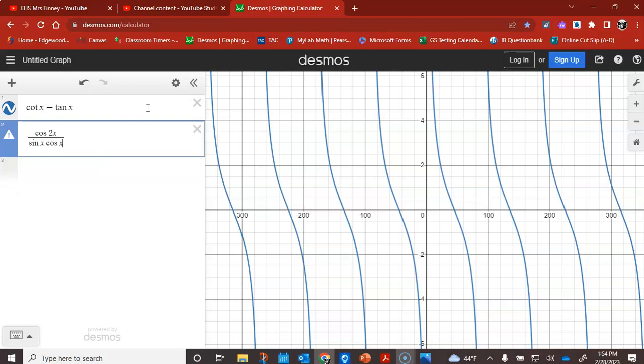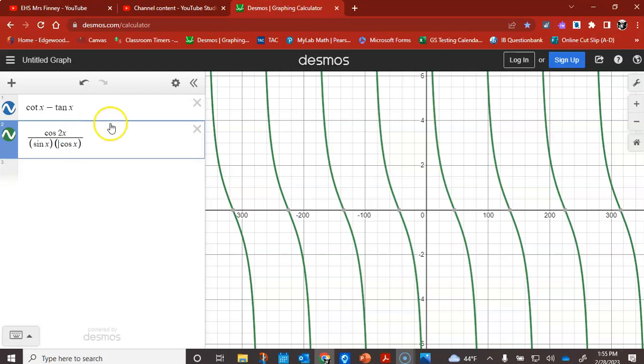And that looks like an identity. Oops, let me just put my parentheses here. And that looks like an identity.